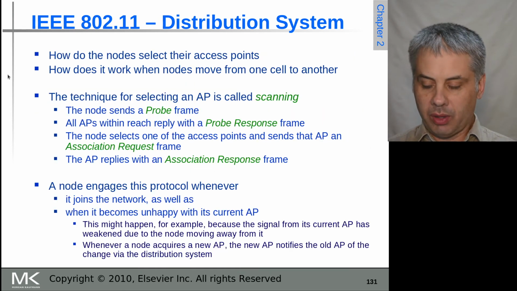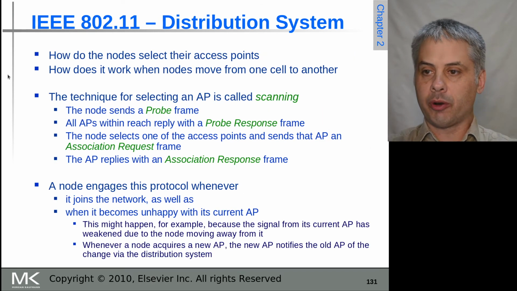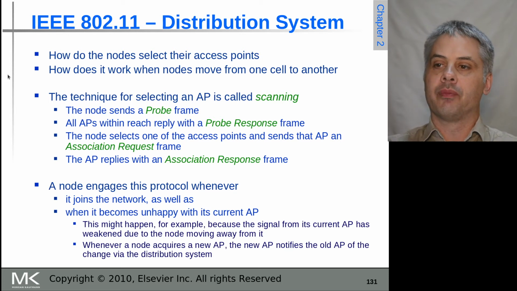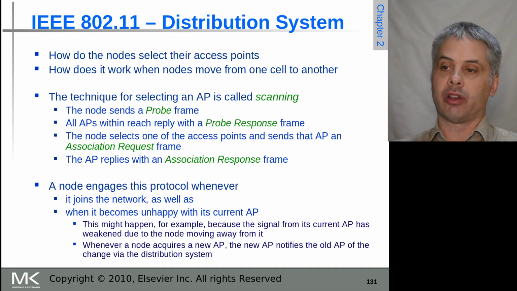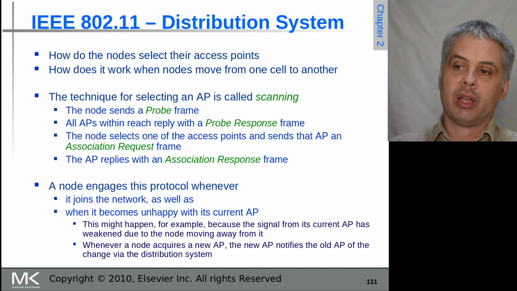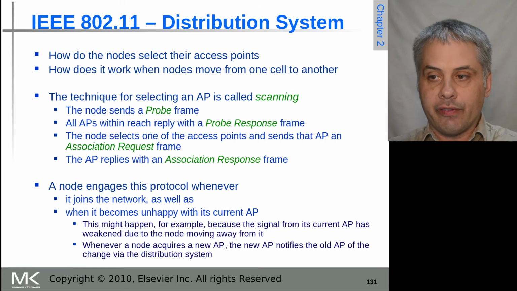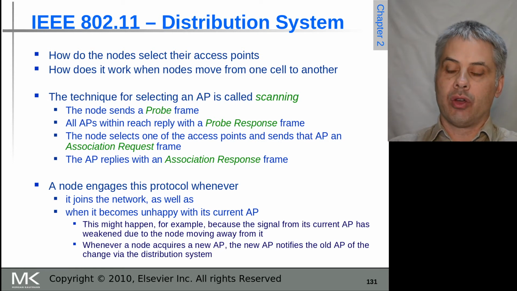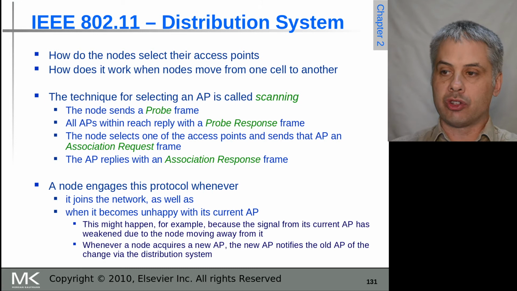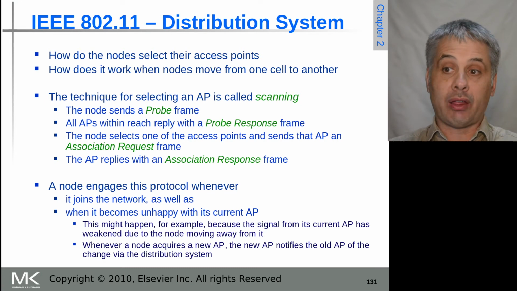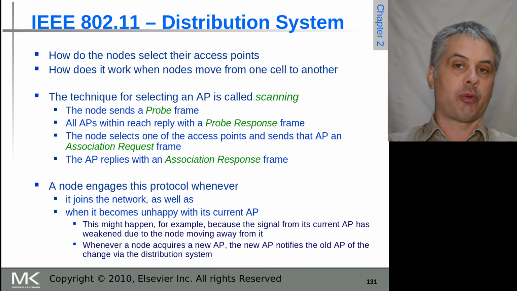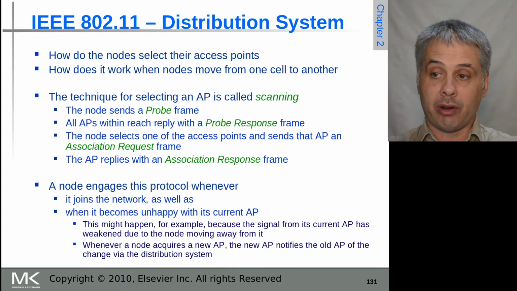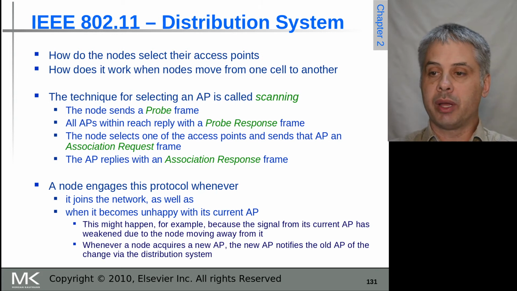So if a node can see multiple access points, and wants to connect to any, it needs some way of connecting to them and to decide when to switch to another one. So nodes will typically scan for access points, and then the node will send a probe to the access point it would like to join, and the access point, or all access points within reach, will reply with a probe response, and the node picks whichever one it wants to connect to, maybe based on apparent signal strength or some other kind of measure, and will send an association request.